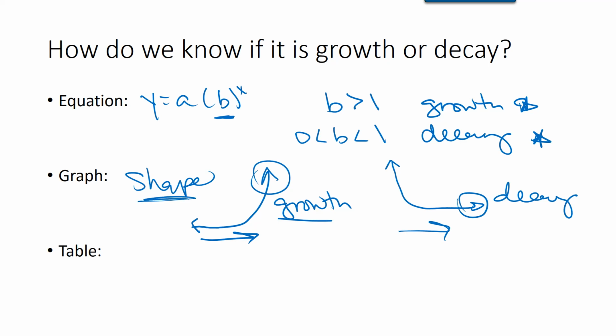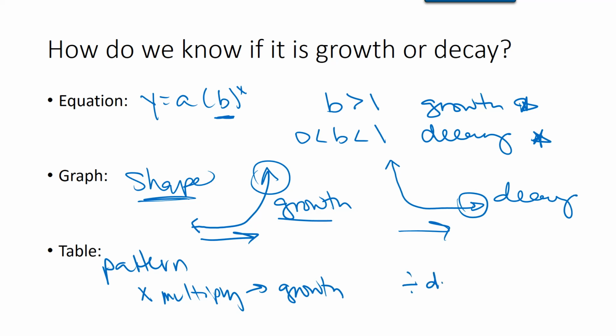Okay, so really here we're just looking at that shape, and you should be able to make that distinction fairly quickly. The last one, in a table, we're going to look at the pattern, and this is really what we've been looking at the last couple days. If we are multiplying in that pattern, then it is growth. If we are dividing in that pattern, then it's decay.